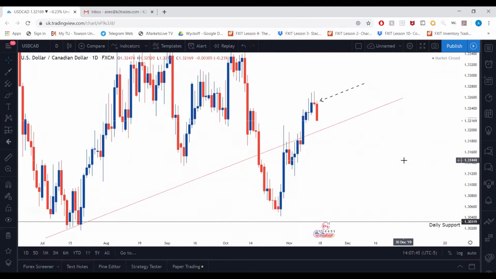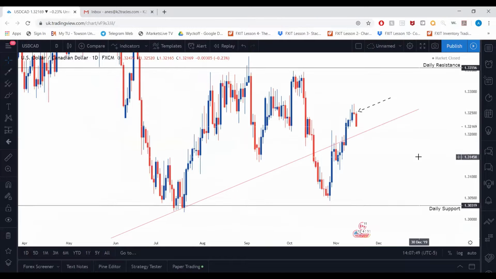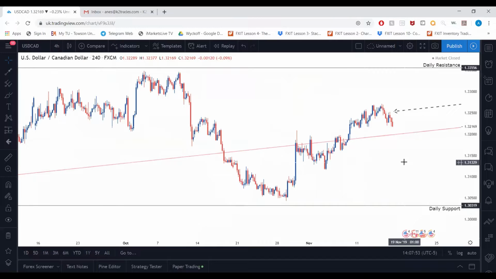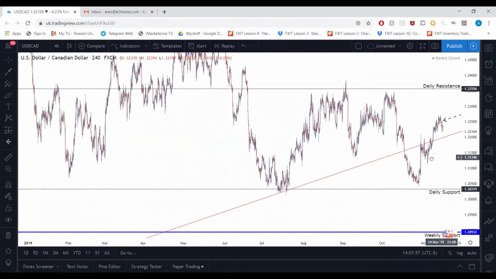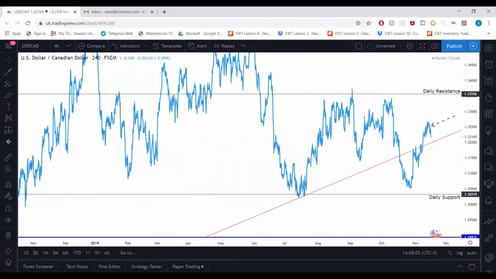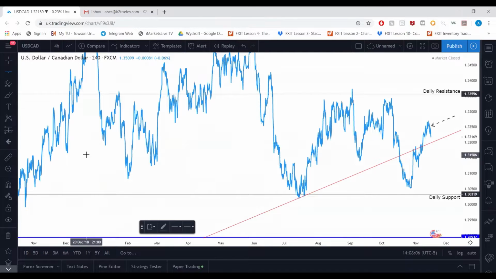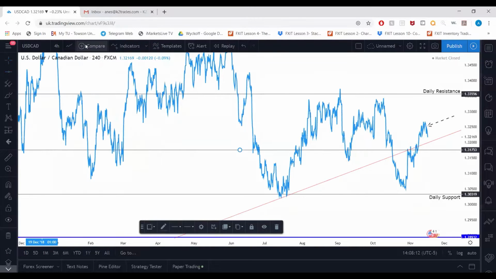So at the moment, USD CAD seems to be coming back down. But let's see if we have any intraday support on 4 hour where we can look, because it's kind of in the middle of the daily range. So let's see here. So we do have some traffic in this area right here.